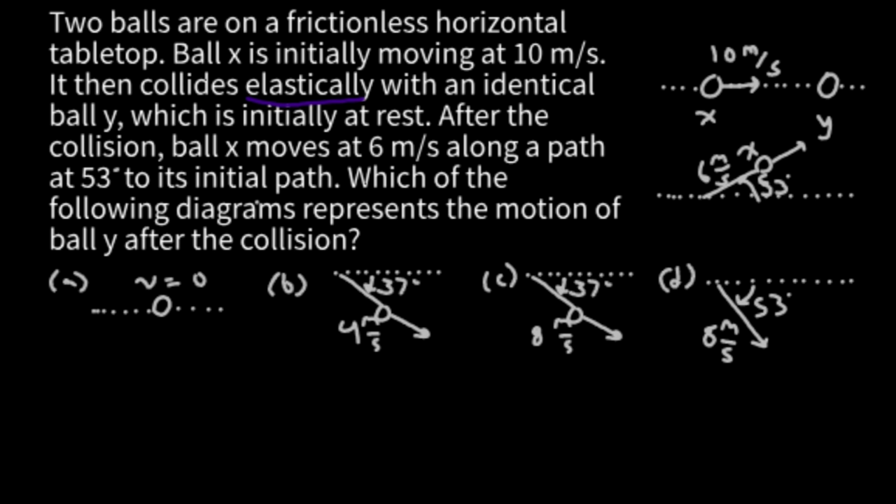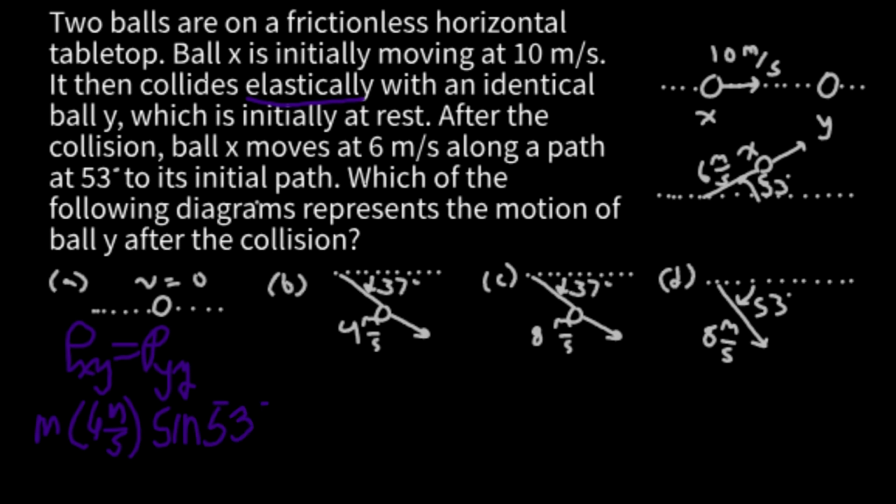So in that case, that means our y component of x has to equal our y component of y. So that means our mass times our velocity of 6 meters per second, and then we're in the y direction, so we'll be using the sine of 53 degrees, is going to be equal to the mass of ball y times an unknown velocity times the sine of an unknown angle.